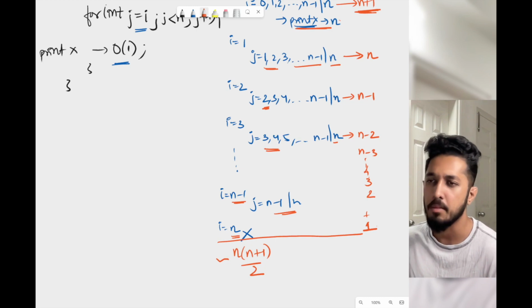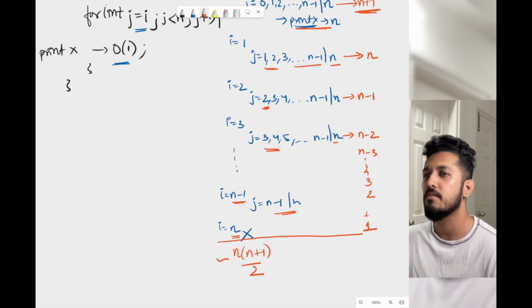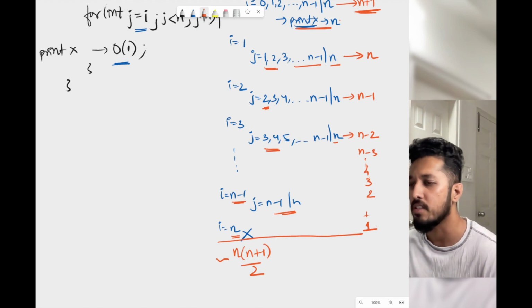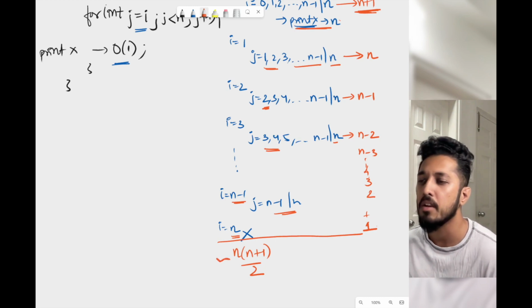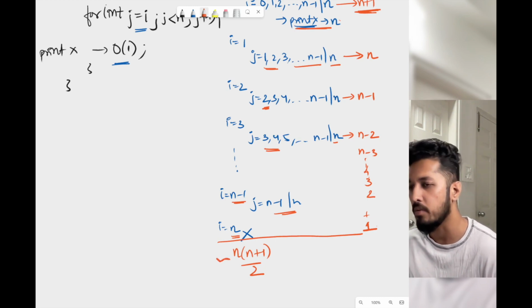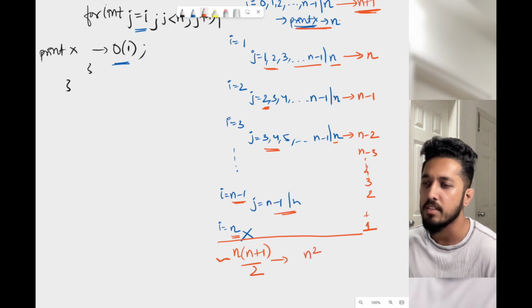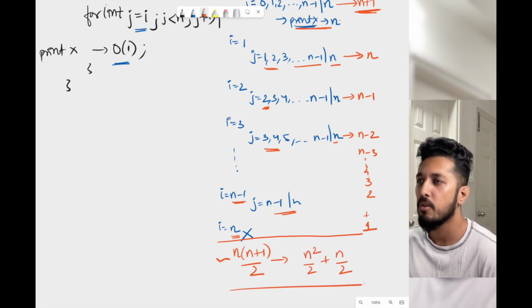Since we are ignoring the print x, which takes big O of 1 constant time, I can say it takes approximately n into n plus 1 by 2 time. If you open the brackets, it's a quadratic equation again, and therefore the time complexity is also going to be big O of n square.